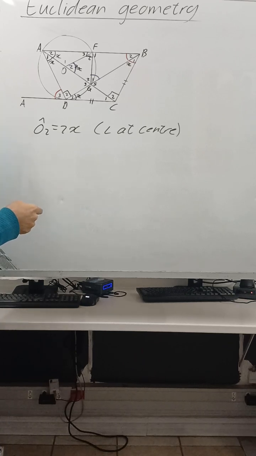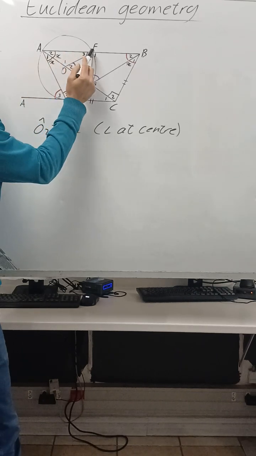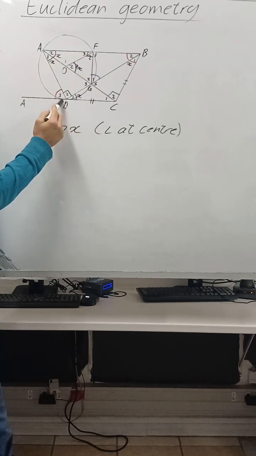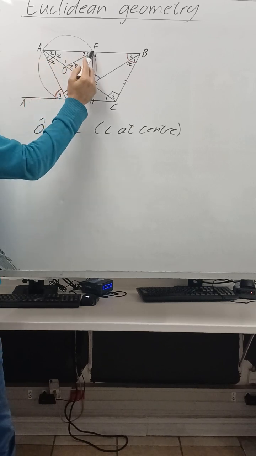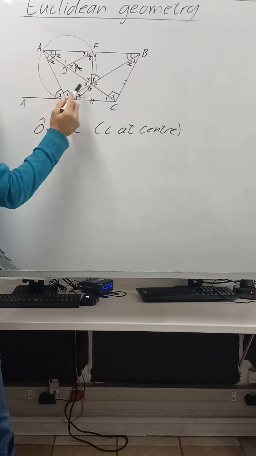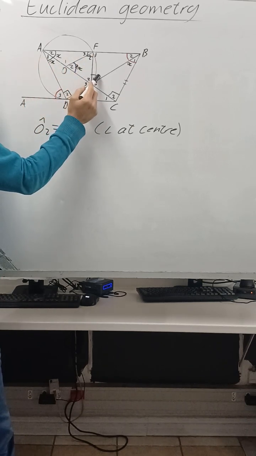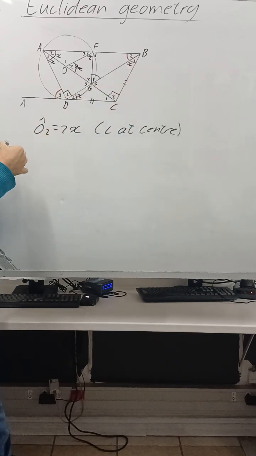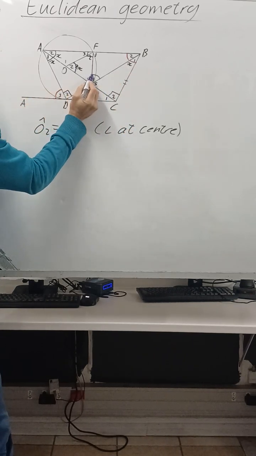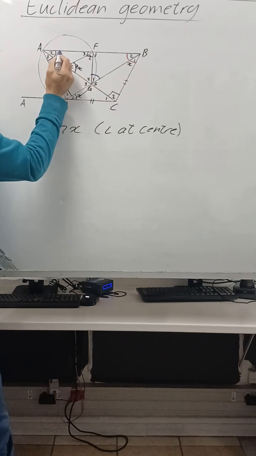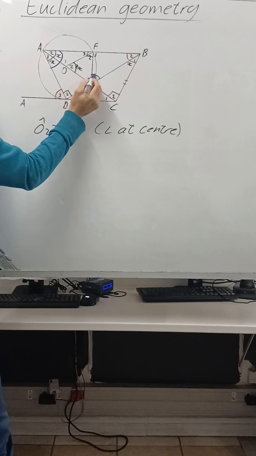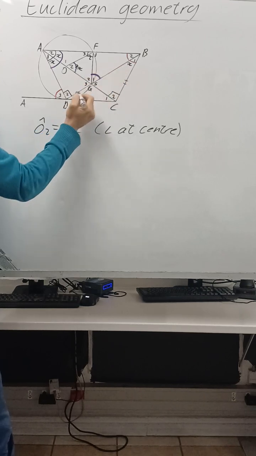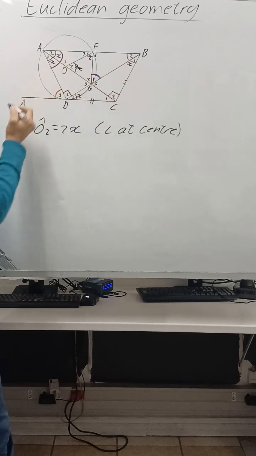So actually, it's not going to be such a big challenge, because remember, AFGD is a cyclic quadrilateral. Okay, it's on the circle. So G1 is the exterior angle. You see, this line is extended. So the exterior angle of a cyclic quadrilateral is equal to the opposite interior angle.